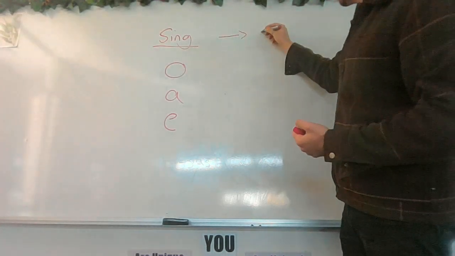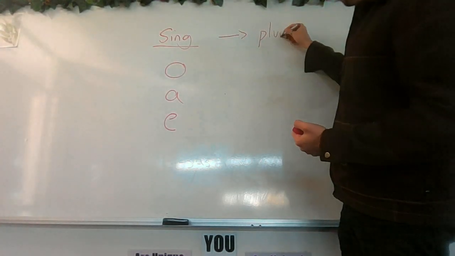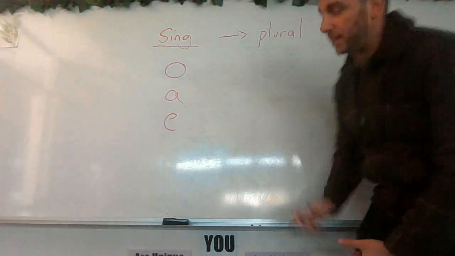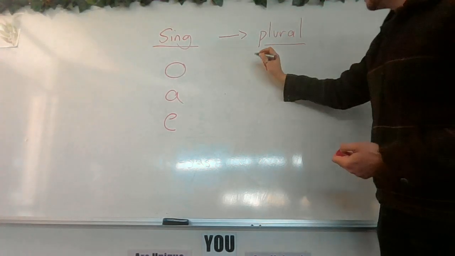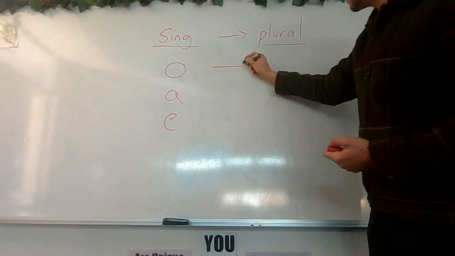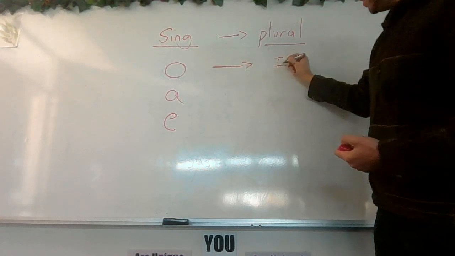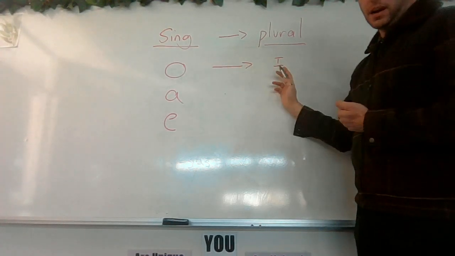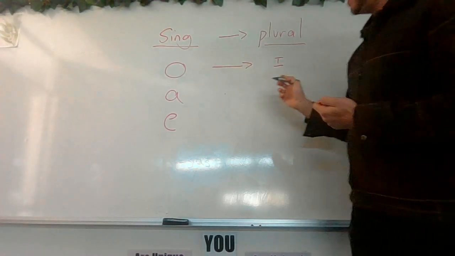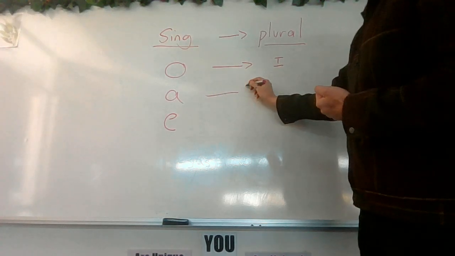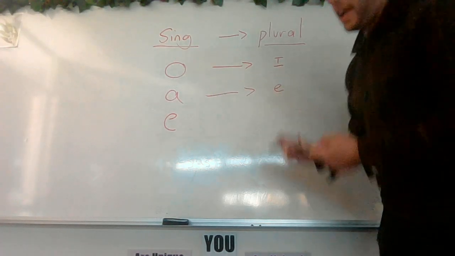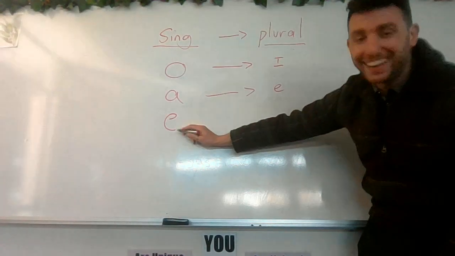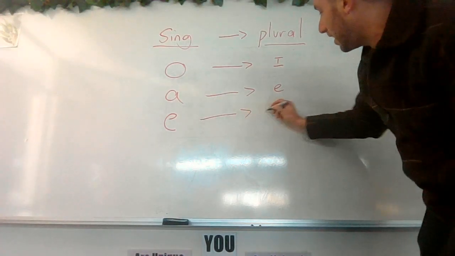I'm going to give you some example nouns very soon, but when these nouns change from singular to plural, their endings also have to change. So if we have a look here, O becomes I. A noun's ending, if it ends in A, normally changes to E. And in Italian, if a noun is going from singular to plural and it ends with an E, it changes to I as well.